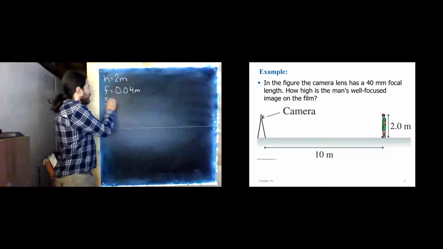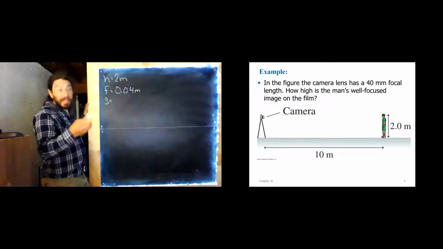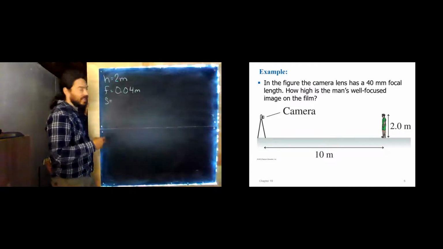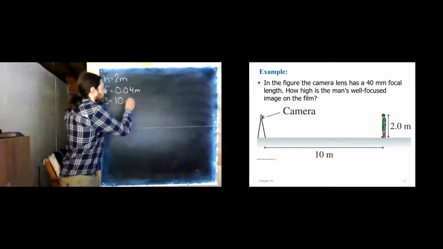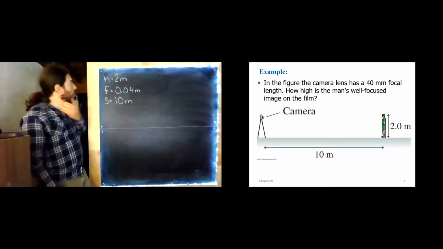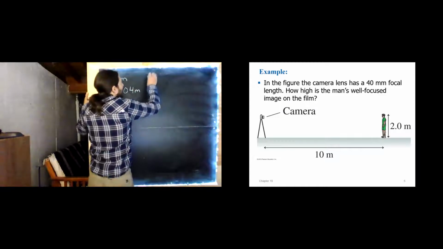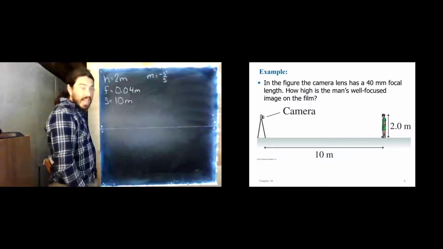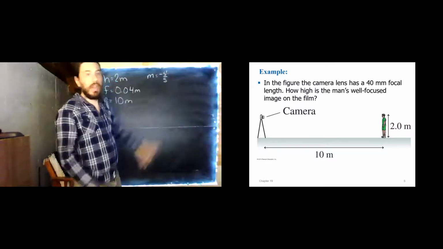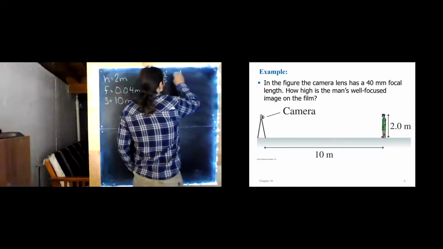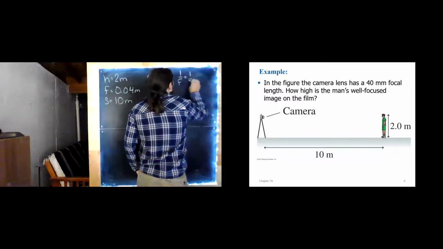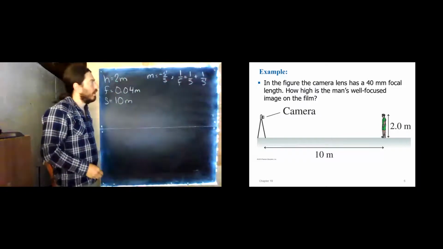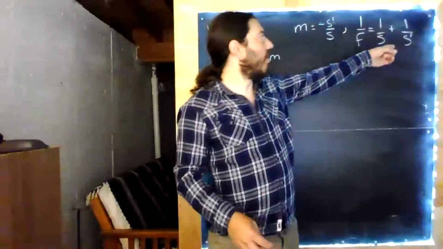Notice also that in the picture on the PowerPoint, we are given the object distance, s = 10 meters. We want to calculate the magnification, which is negative s prime over s. To do that, we have to calculate s prime, so we can use this equation here and solve for s prime.